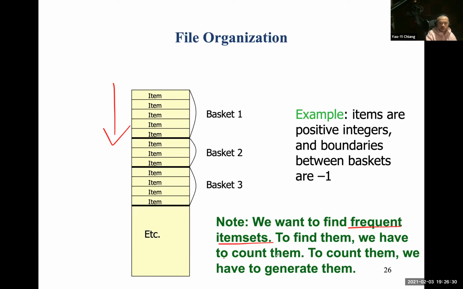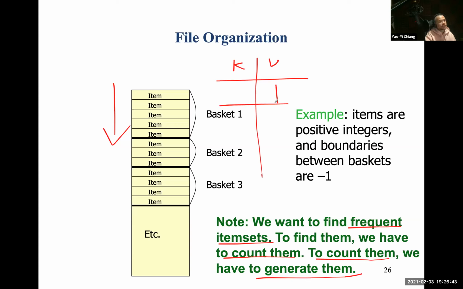So we need to count them. To count them, we need to generate them, right? If you are using a dictionary, that means you have to generate a key and initialize the value to 1 if this is the first time we see it. If it is not the first time, we just add 1 to this counter, which means we see this again.